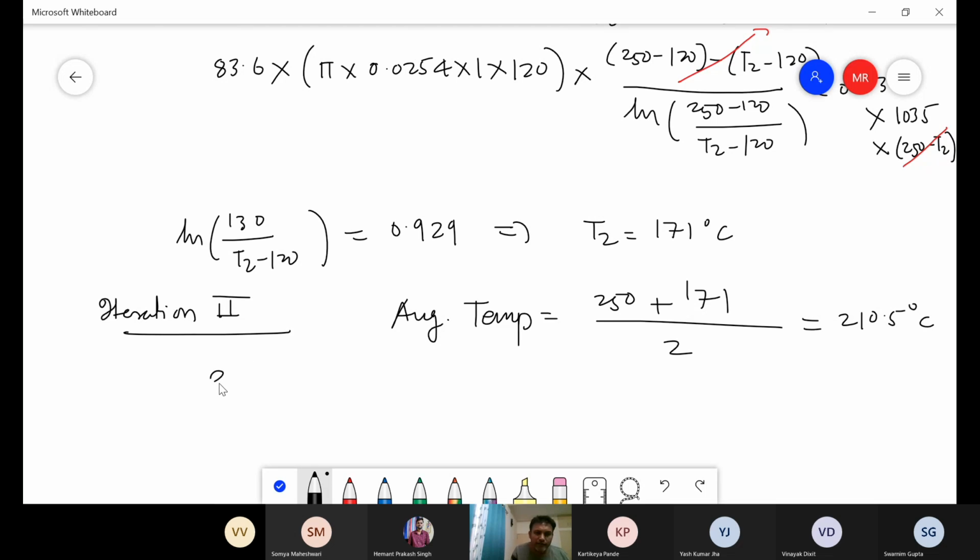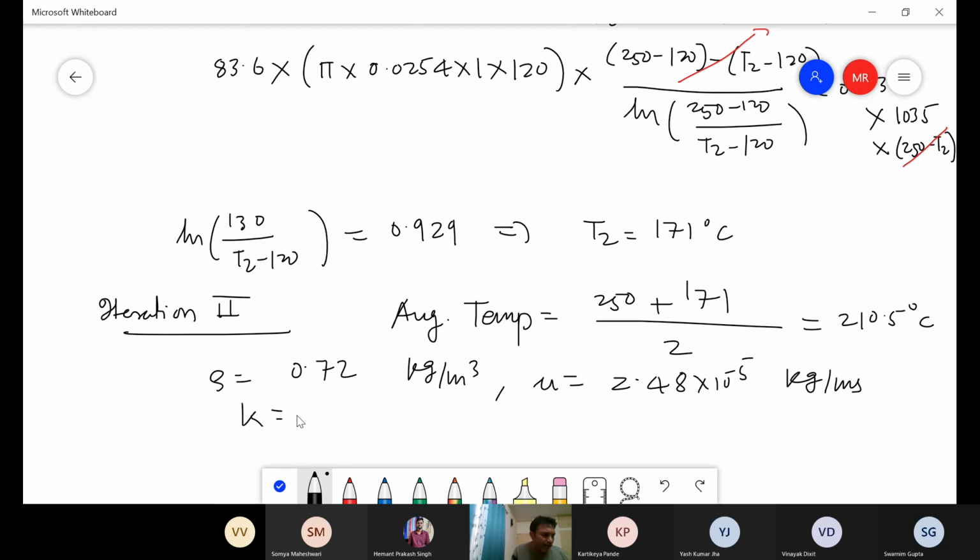rho is given as 0.72 kg per meter cube. Mu is given as 2.48 into 10 raised to power minus 5 kg per meter second.